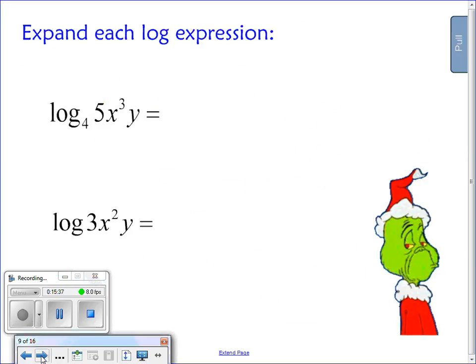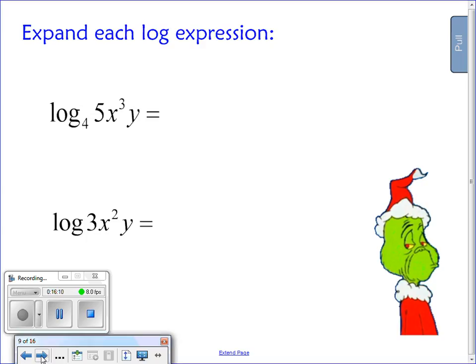All right, so expand each log expression. Hold on. Let's do the first one here together, and then I'll let you guys try this one on your own, okay? Notice how many different things are being multiplied together? 3. So how many things should be added together? 3. We're going to split all of these apart. Now this 3 as an exponent, what does that go to? It's only on the x.